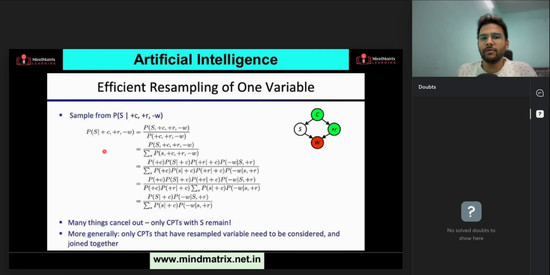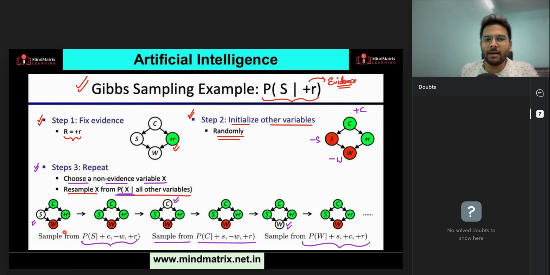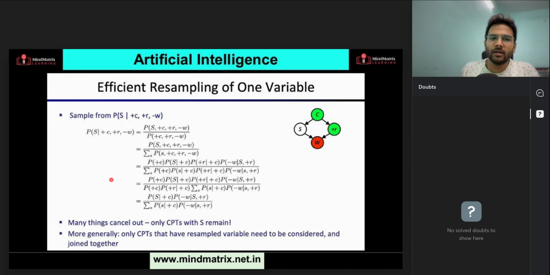When I say sample from, what does that mean? It simply means you know how to find it. Let's consider the first scenario, where you are selecting S as a non-evidence variable. It is going to be the probability of S given plus C, plus R, minus W. You can write this as a conditional probability.